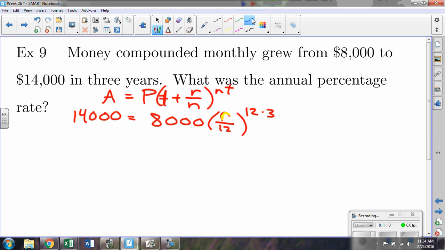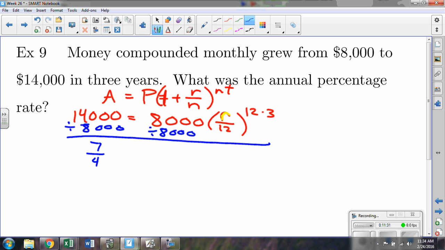What we'll do instead, we can divide by 8,000. And after dividing by 8,000, we have the fraction 7 over 4 equals r over 12 to the 36th power.